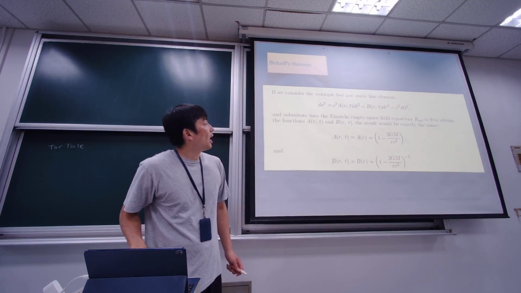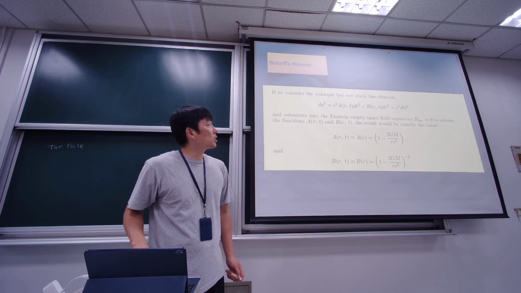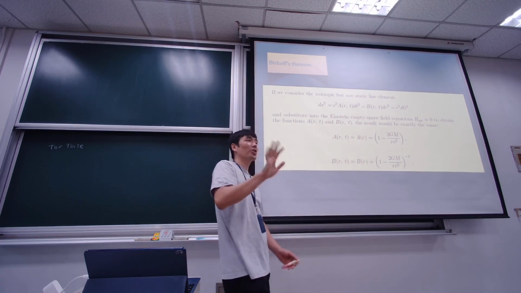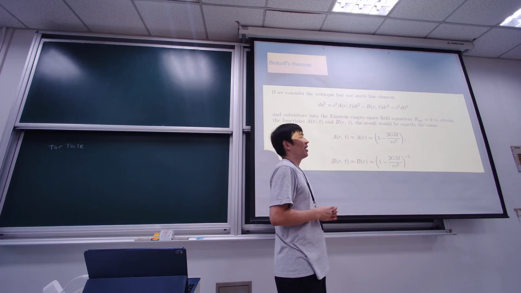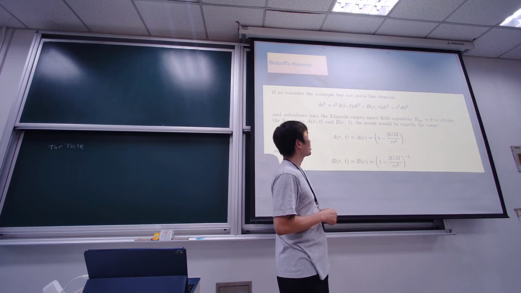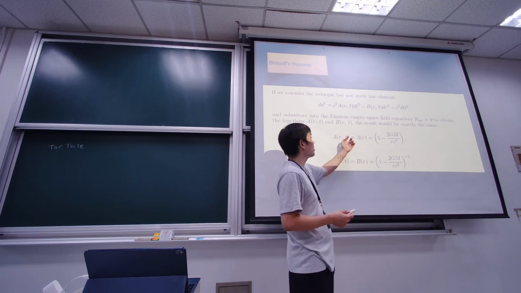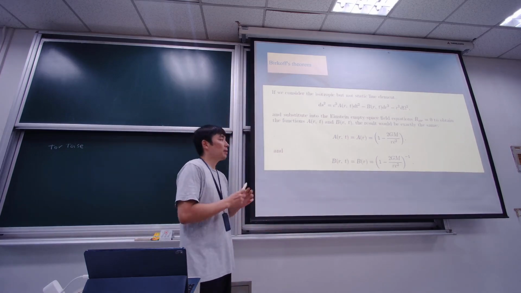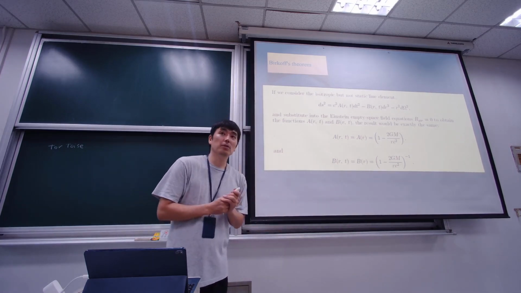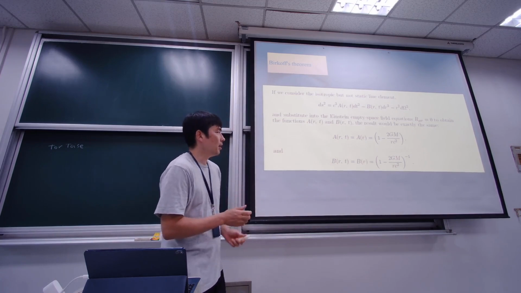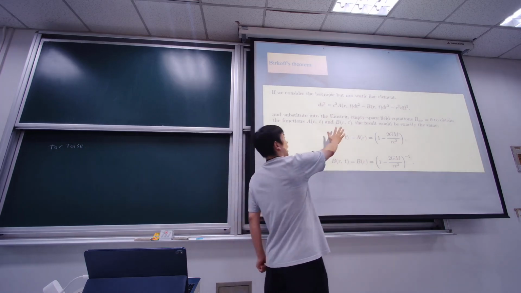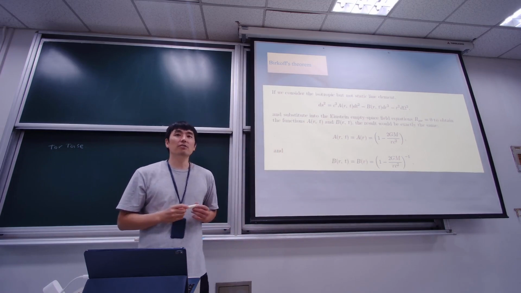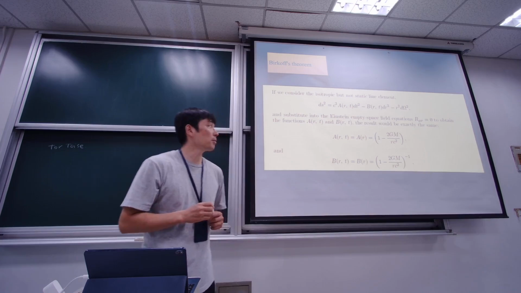Fine. Birkhoff theorem I will explain. To derive the Schwarzschild metric, we assume that it is static, so the metric is independent of t, and it's spherical and so on. But with the Birkhoff theorem, we will see that we can derive the Schwarzschild metric without assuming static.